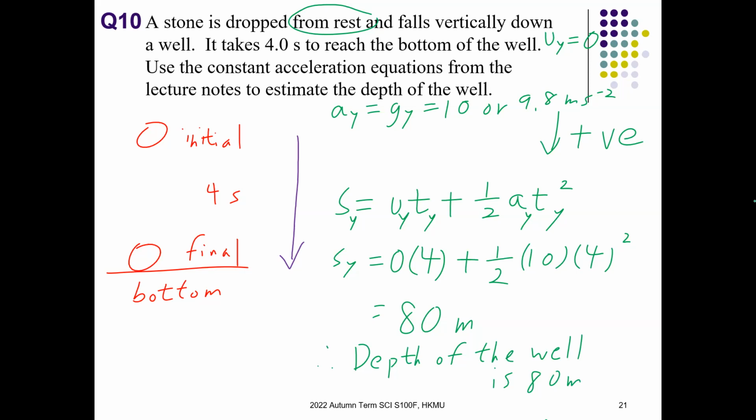Either we put down the written description to conclude the depth of the well, or we just draw it on the graph and say this is S_y. So both will be the same. Either we draw a simple graph to specify our definition of the variables, or we just conclude by some written descriptions.